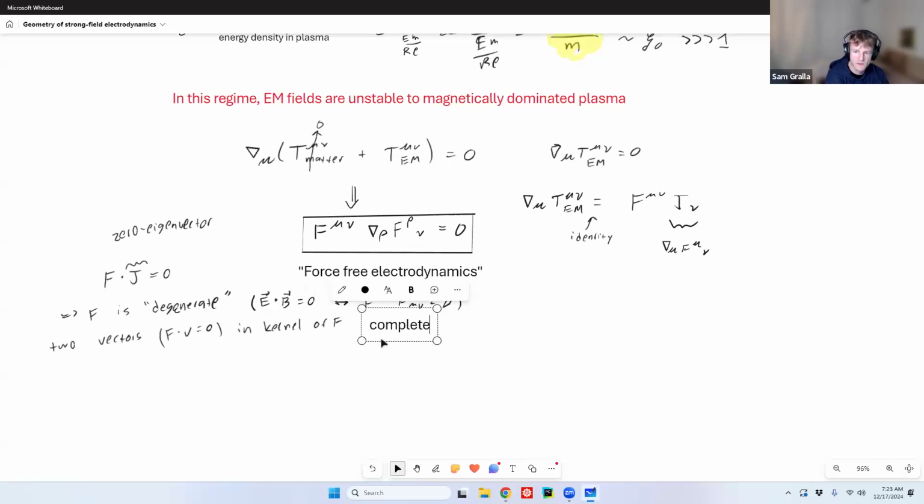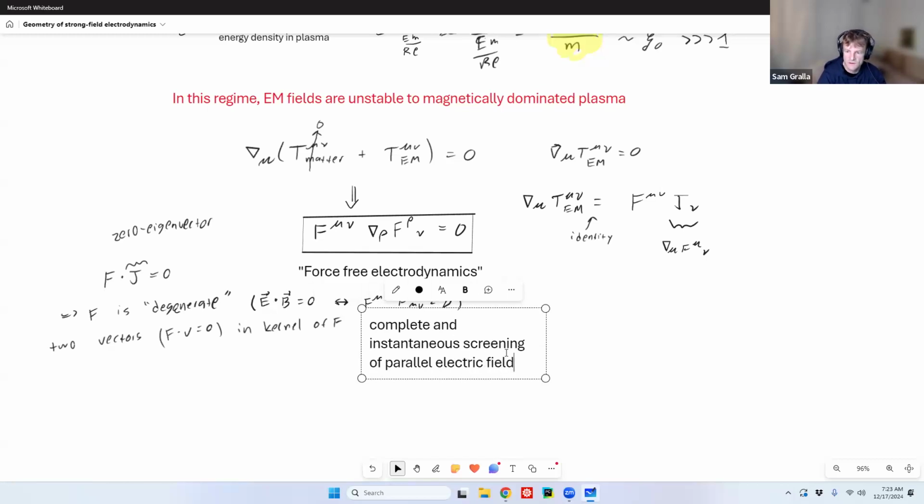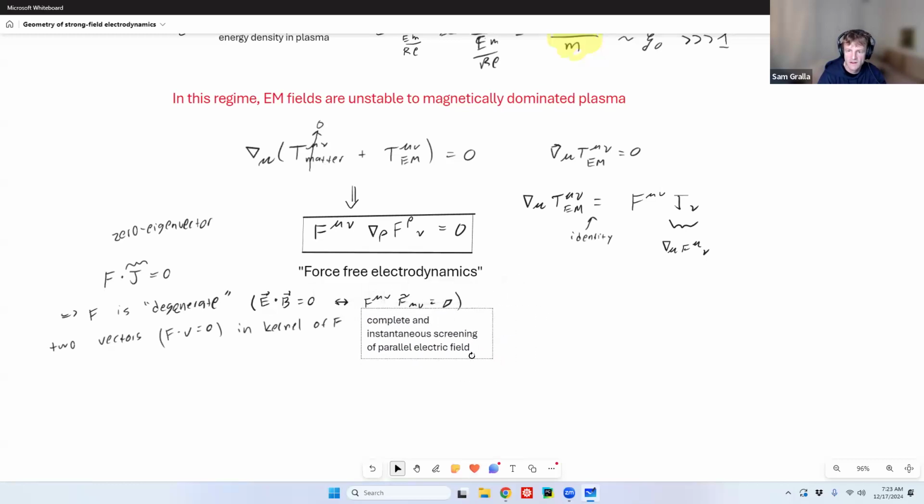So we interpret this as complete and instantaneous screening of parallel electric field. So this diffuse plasma that disappeared from the description because we don't model the matter, we see that it is still there because E dot B has to be 0 for solutions of this equation. So that's a nice gut check on the physics.